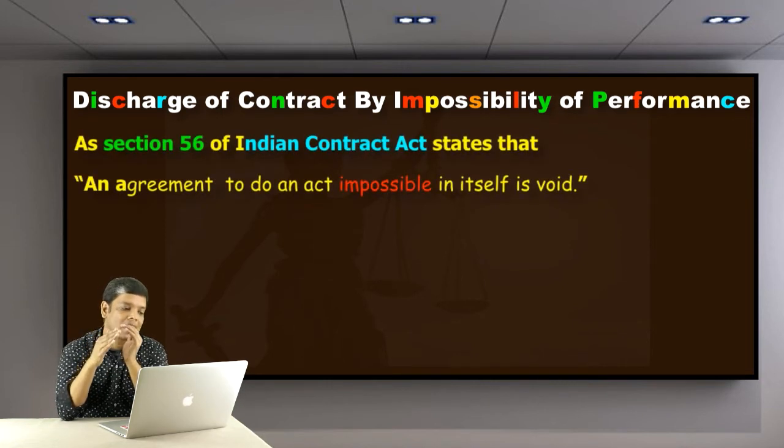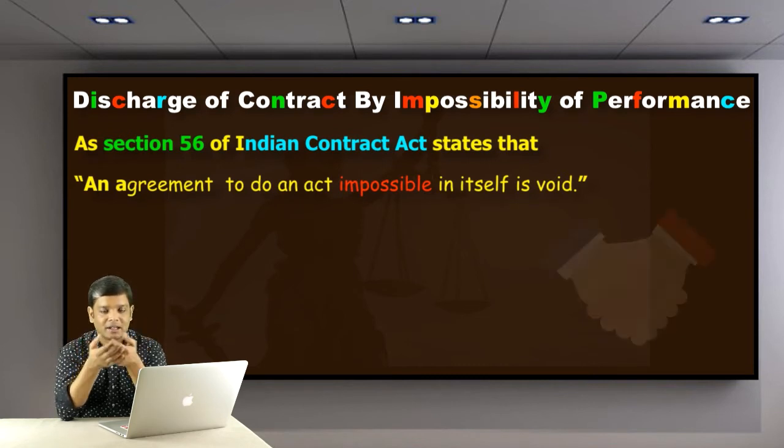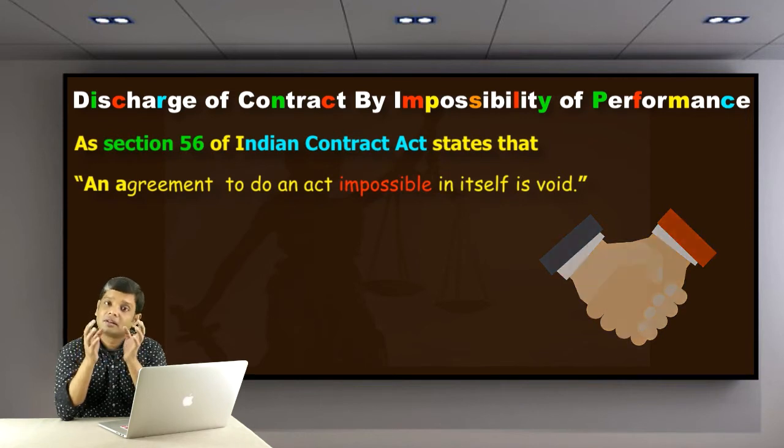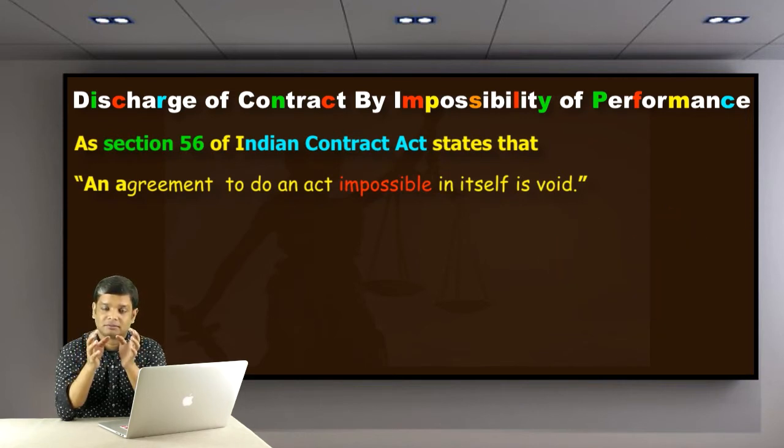Section 56 states that an agreement to do an act impossible in itself is void. So a certain kind of agreement that you made, impossible in itself to perform, is void ab initio. Understand it with an example, you might get confused.